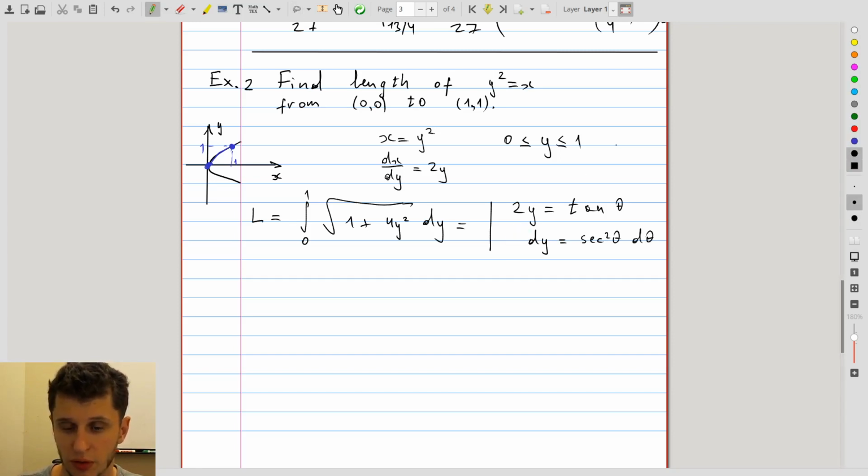We put the 2 over here. All right, so let us rewrite our integral in terms of theta now.